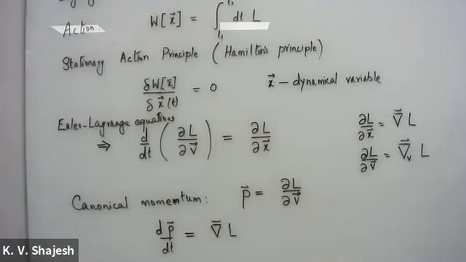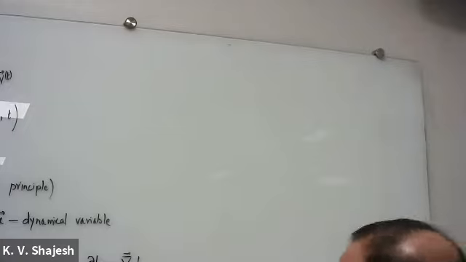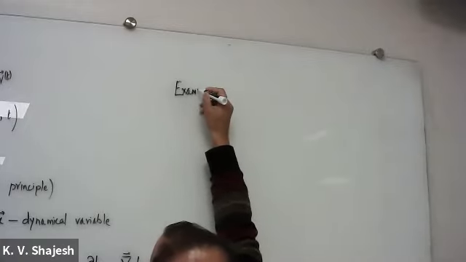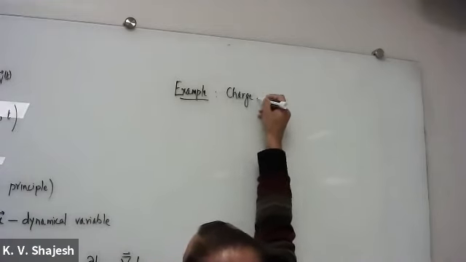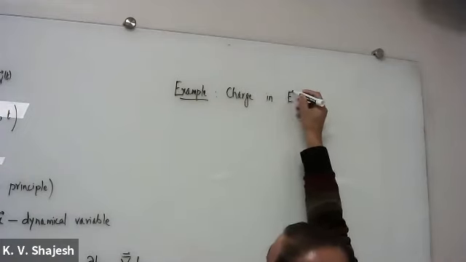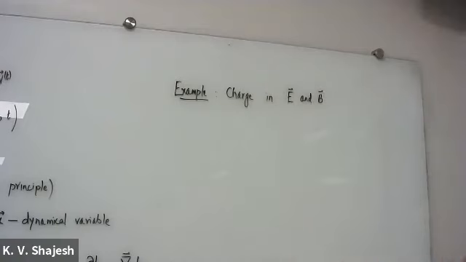Let's go over the example that we were doing last time. We talked about a charge in an electric field E and magnetic field B, in principle arbitrary.